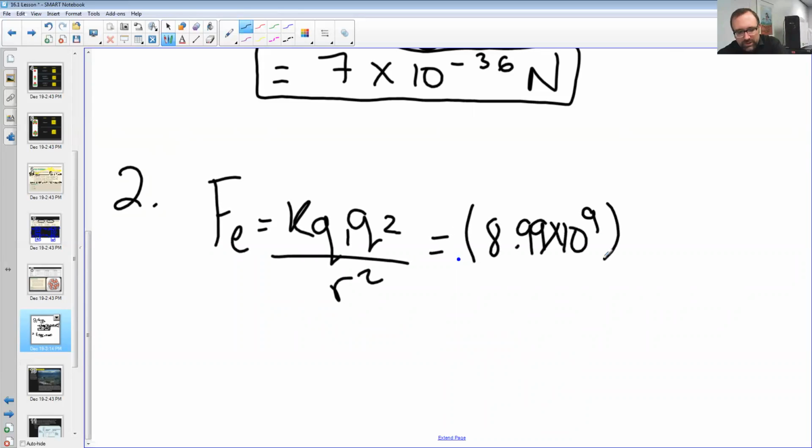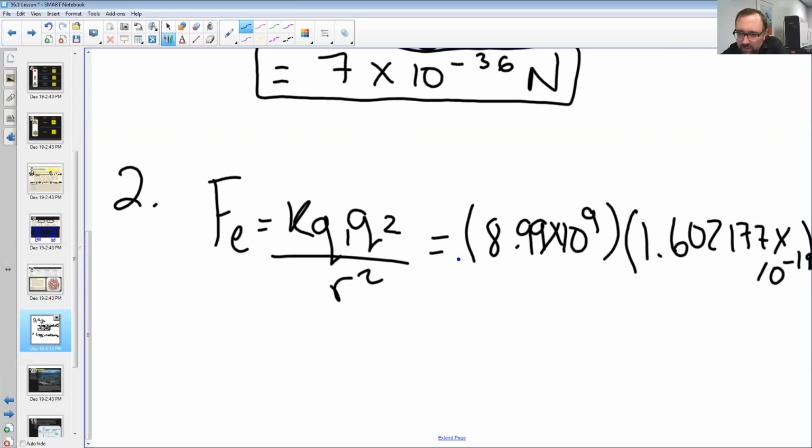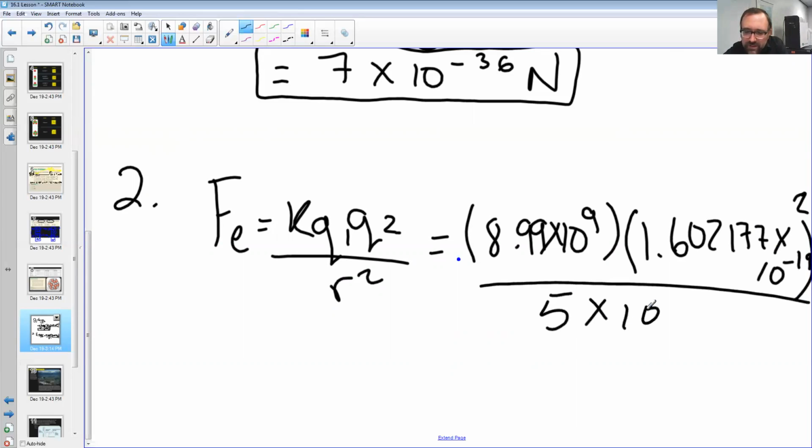You're multiplying the same number twice, and the number we should be using is the electrical charge. The charge of a proton is 1.602177 times 10 to the negative 19 squared, and then over 5 times 10 to the negative 15. Keep in mind, femto means that you're going to get a one significant digit answer, and it should be 9 newtons.